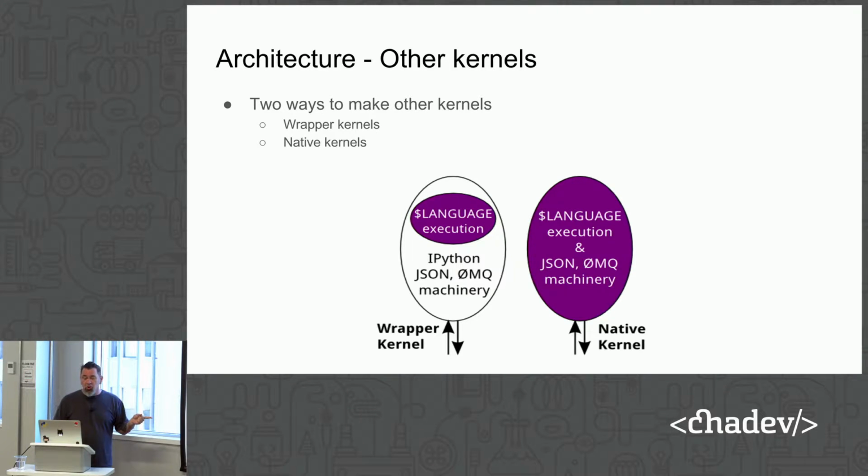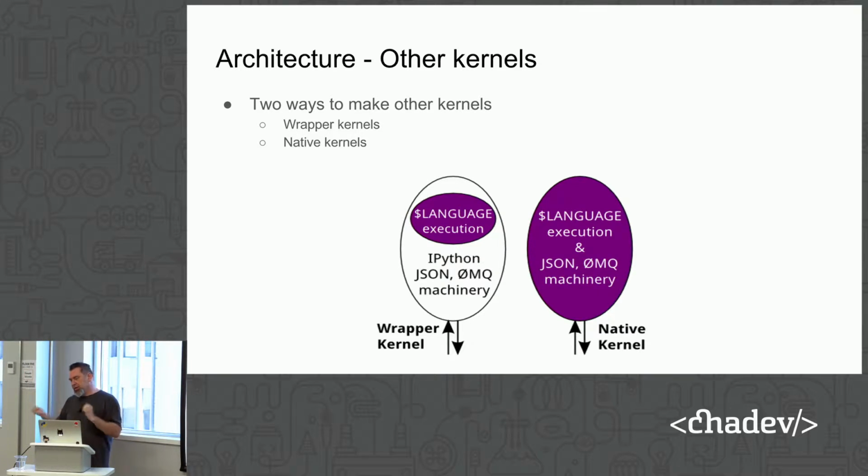And for the other kernels, there are actually two different ways that you can make a kernel. You can have a wrapper kernel, where if the language you're interested in has good Python wrappers, then writing a wrapper kernel lets you reuse the Python communications, the Python message passing, so you don't have to re-implement any of the 0MQ machinery. You just have to implement the language execution. It's probably a very small number of languages where that's actually the case.